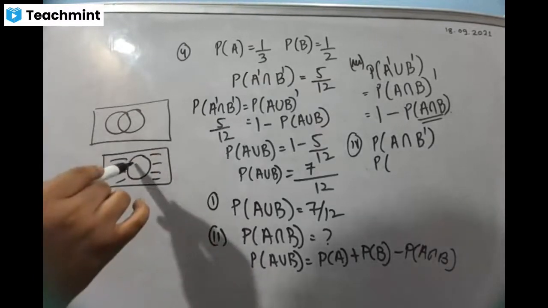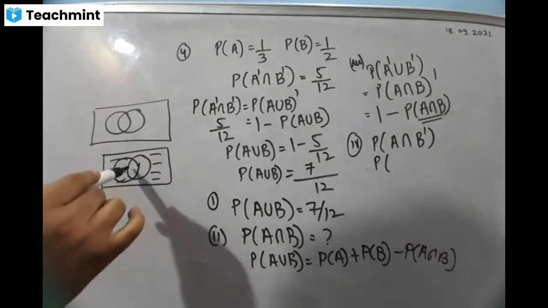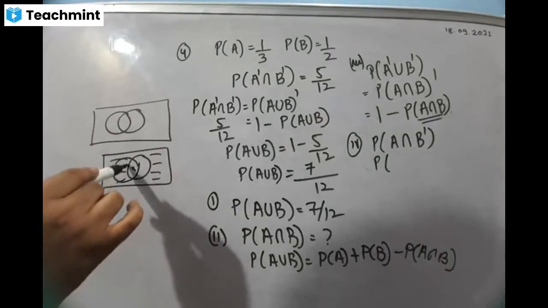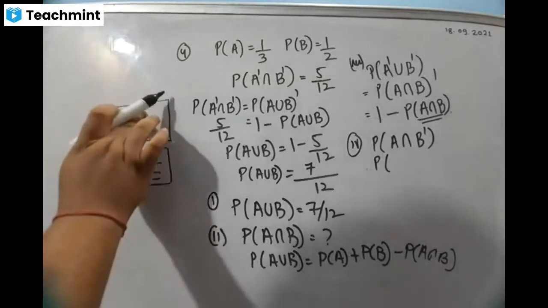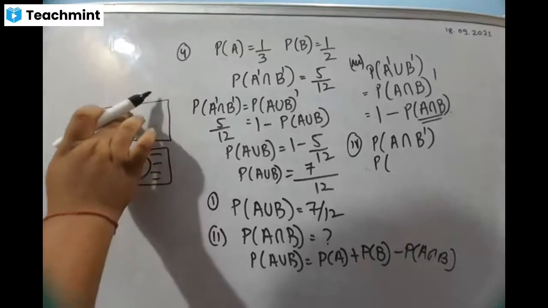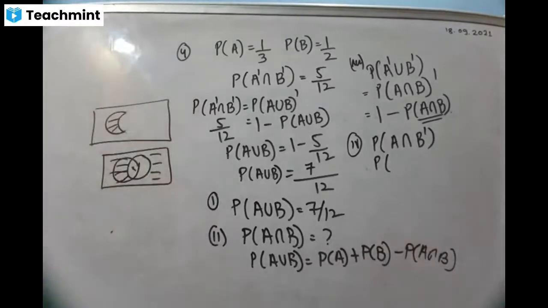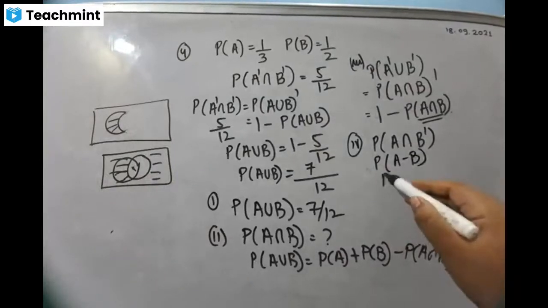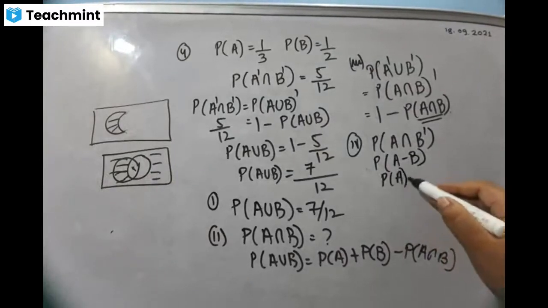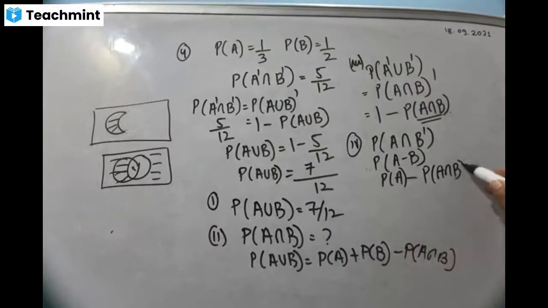A is this. So this part you don't include, and we take only this part. That is A minus B. So probability of A minus B is equal to probability of A with B removed, that is, the common region A intersection B removed.